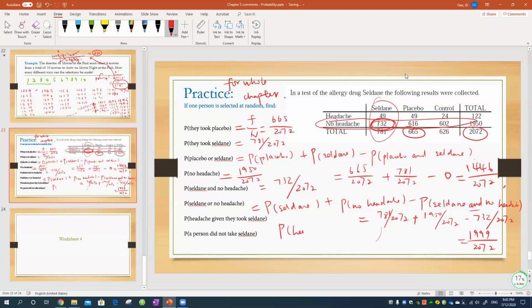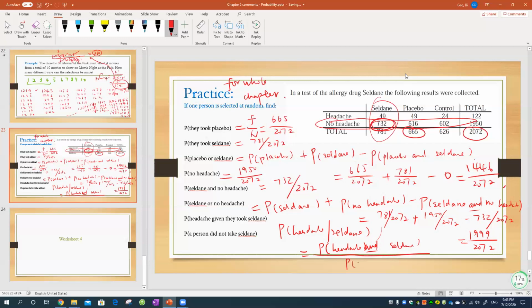And then the probability of headache given they took Seldane. That's going to be the conditional probability. So the probability of a headache and Seldane, divided by whatever you put in the condition, given Seldane.